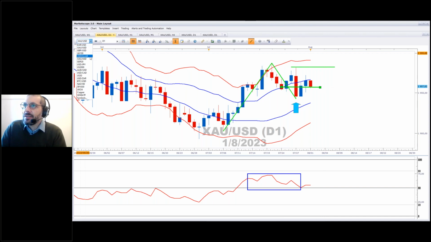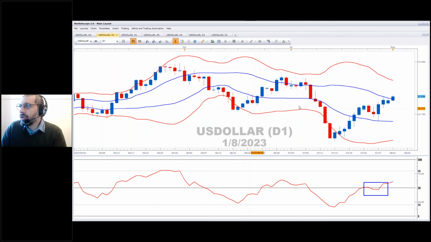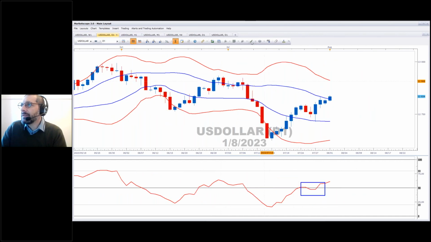Go back to the US dollar. If we want to see any movement in gold, euro, pound, in terms of their primary trends, there'd have to be some sort of movement down in the dollar here. Again, we want to see if there is any sort of rotation of capital that's a tailwind for the dollar.